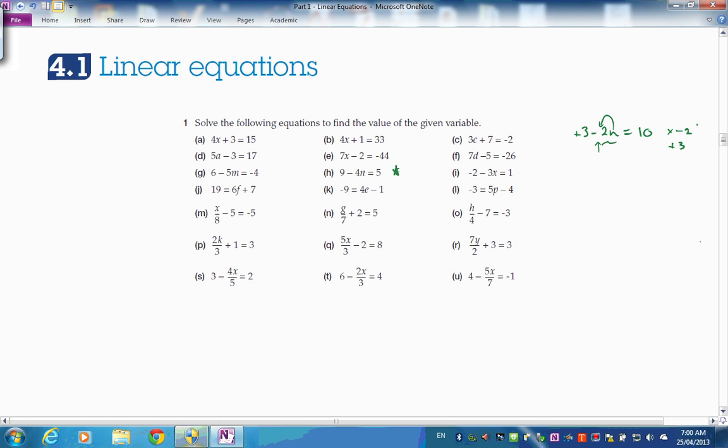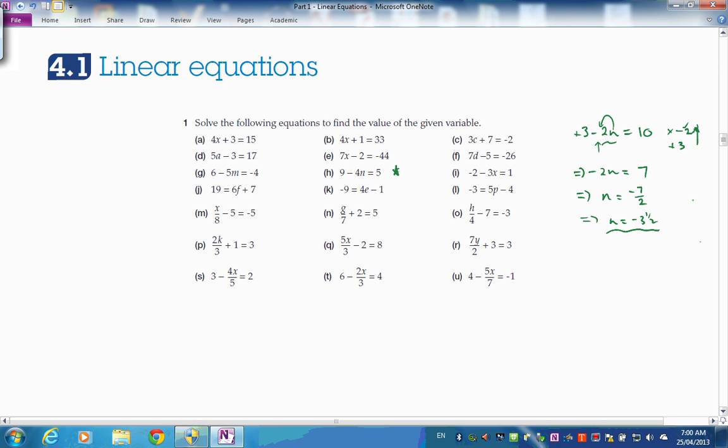So to get n back again, we'll do the reverse here. Let's take away the 3. So that implies neg 2n equals 7. And then dividing by neg 2, n will equal neg 7 over 2, which is neg 3.5, if you like.